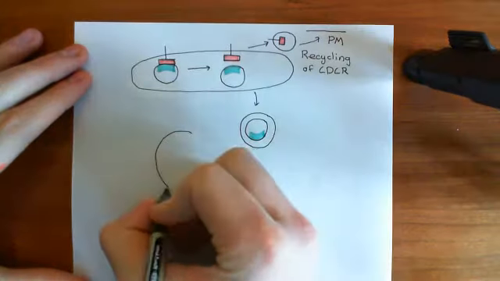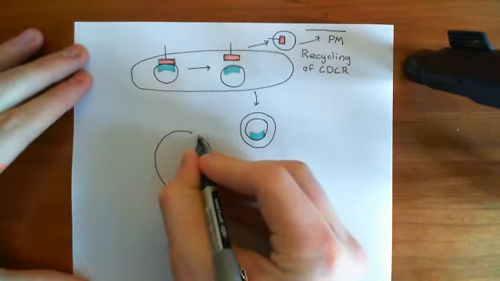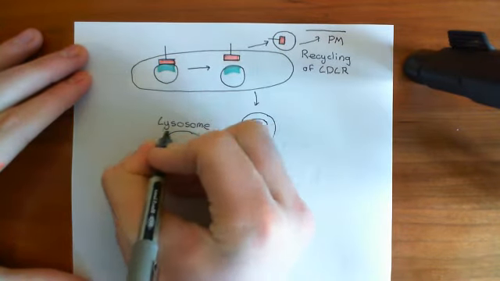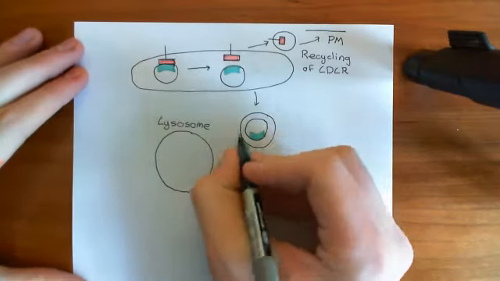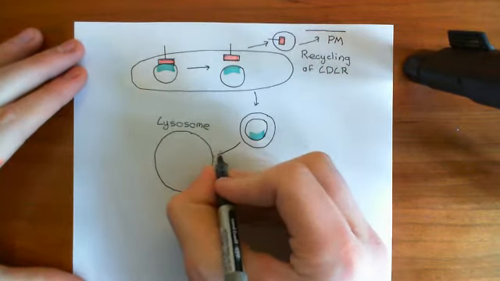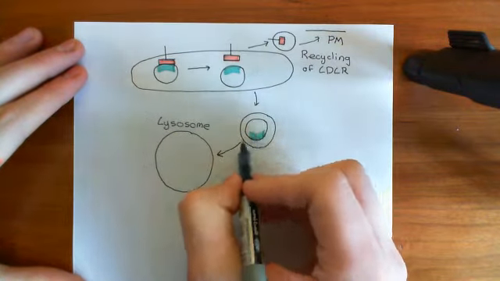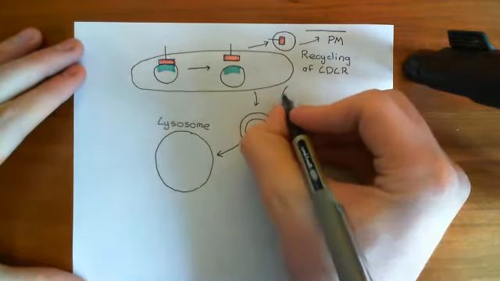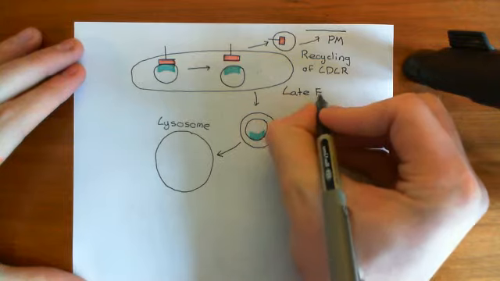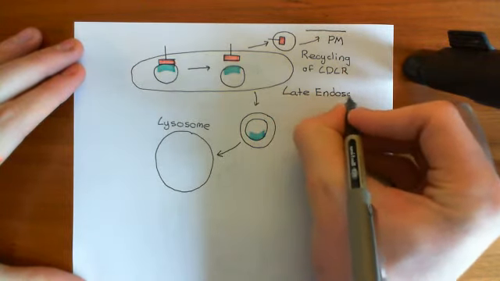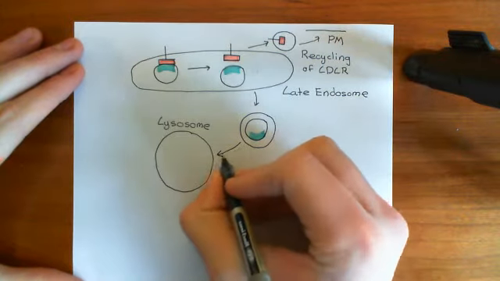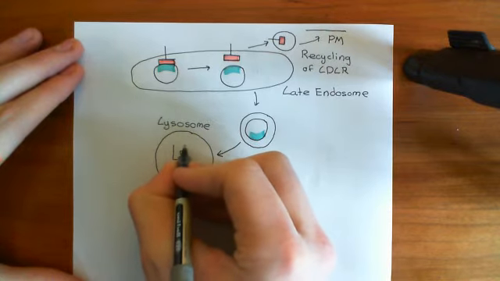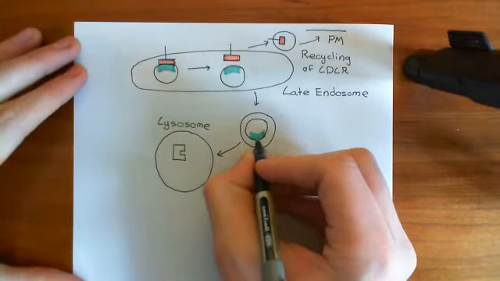So this is our lysosome, and the lysosome will be full of enzymes which can break down the contents of the LDL molecule. This little vesicle from the late endosome is going to go and fuse with the lysosome. It will give off a little vesicle which will contain the LDL molecule, and this vesicle will fuse with a lysosome which contains all sorts of enzymes which can break down the LDL molecule.